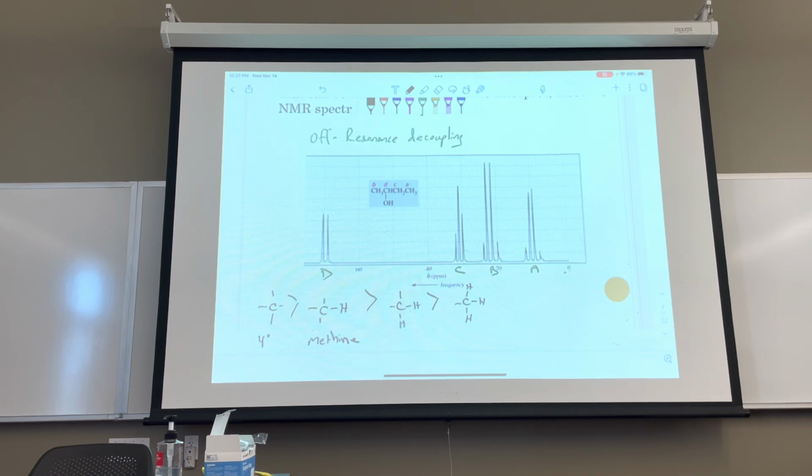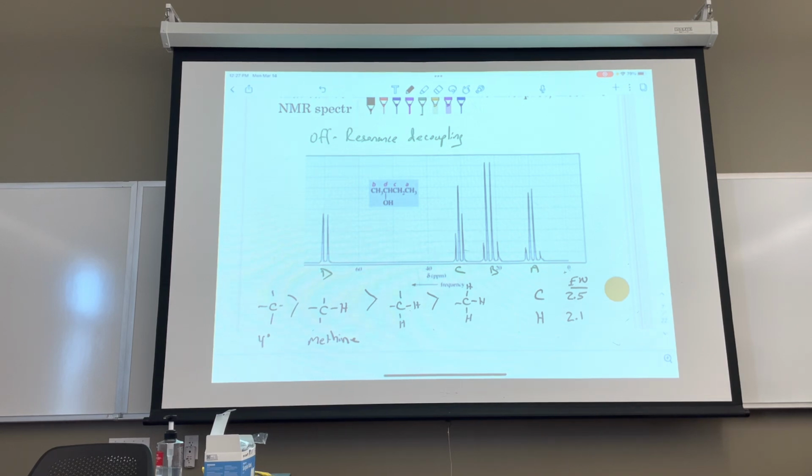And there's a good reason for that. Think of the difference in electronegativity of a carbon relative to a hydrogen. If you look at an electronegativity table, a carbon has an electronegativity of 2.5. Hydrogen has an electronegativity of 2.1.